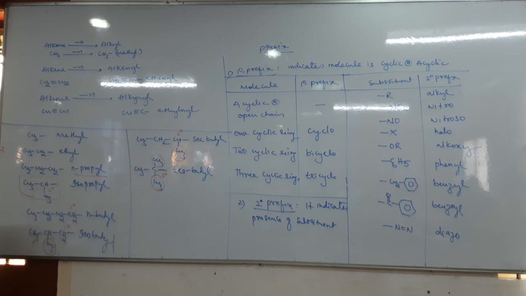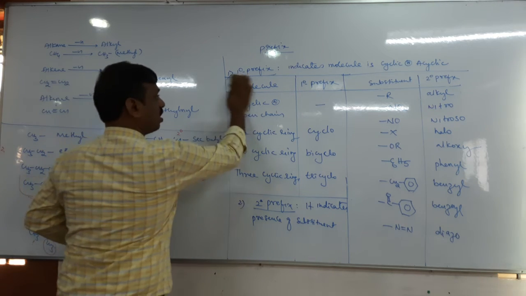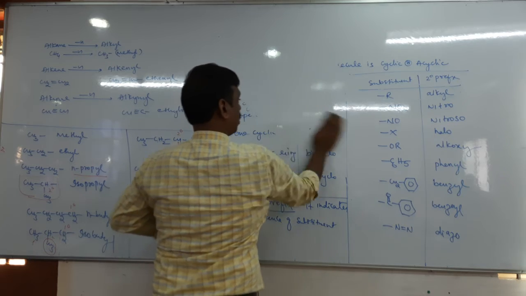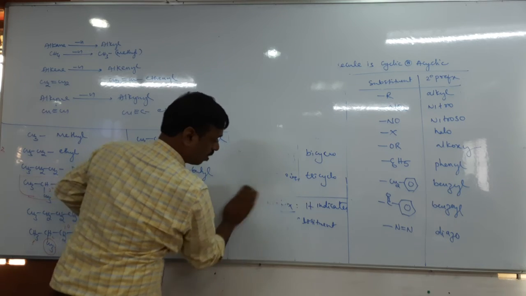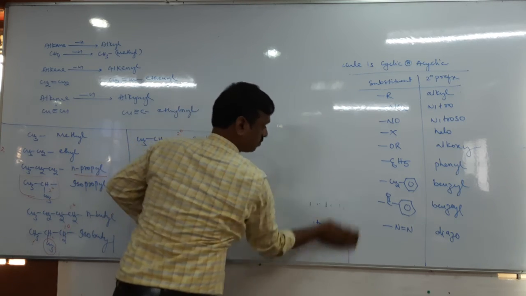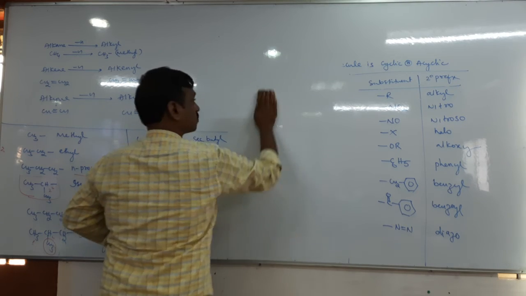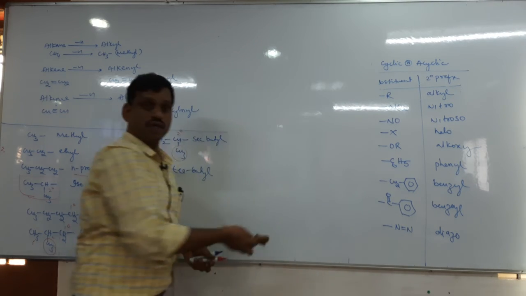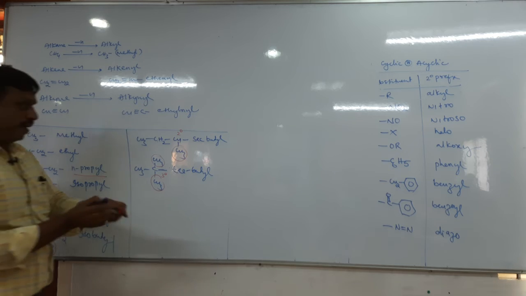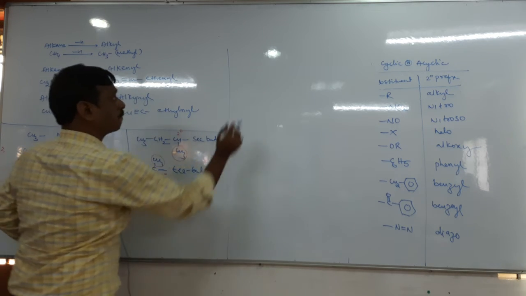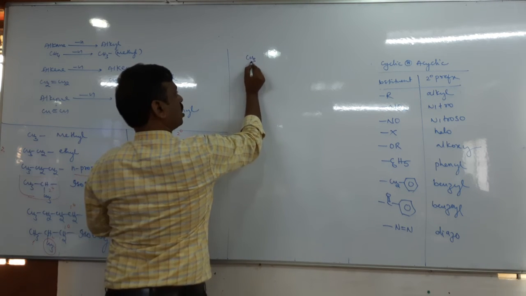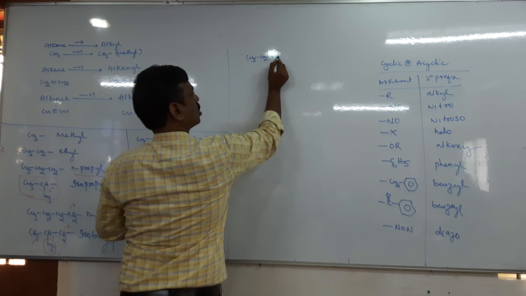For example, let us take first a 5-carbon pentyl. For 5-carbon pentyl, it is CH3, CH2, CH2.